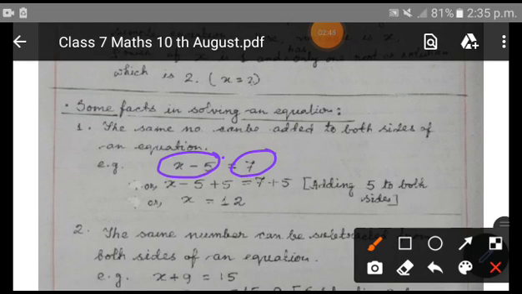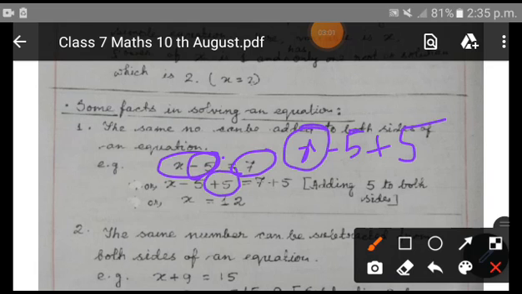Here x - 5 is present, so you are going to add 5, that means x - 5 + 5. Now the question arises, why are we adding? Because we need to calculate the value of the unknown variable, the value of x. That means for finding the unknown value, we need to eliminate the constant terms which are attached to it.